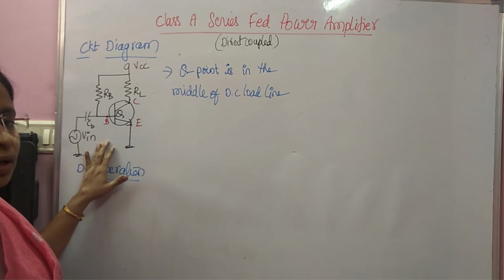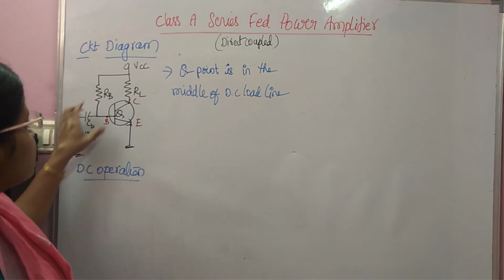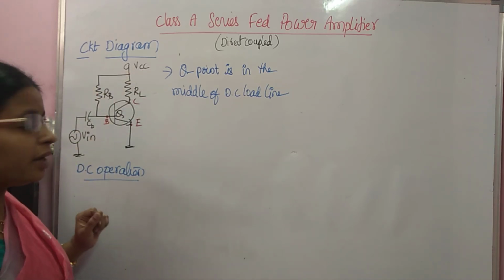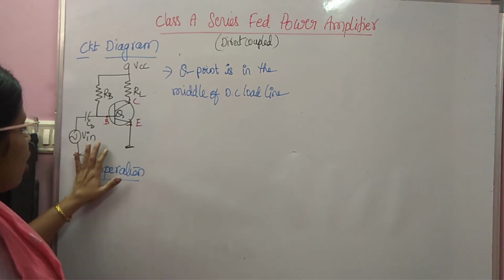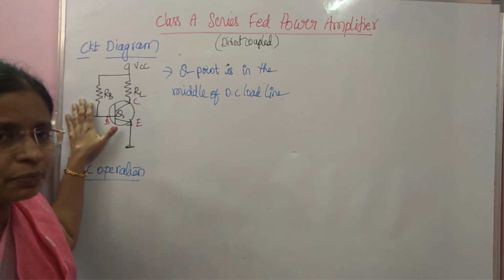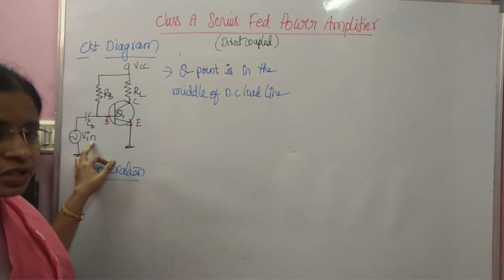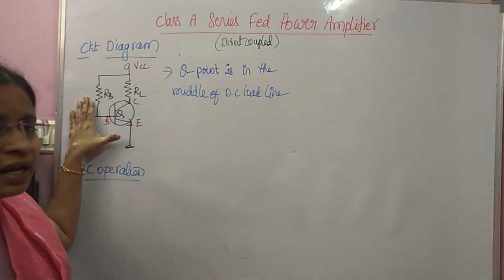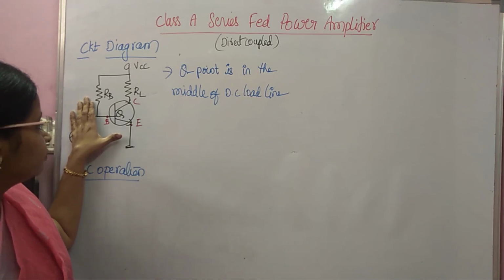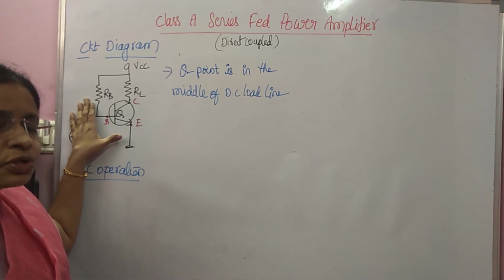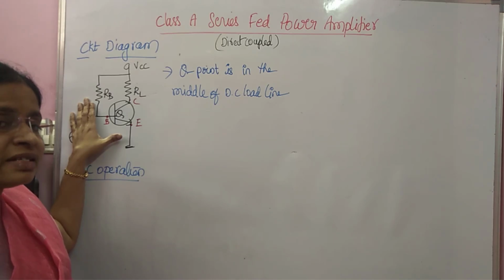See the circuit. The circuit consists of AC signal as well as DC signal. In the DC operation, you have to assume that you are not giving any AC input signal. If you make it equal to 0, then your circuit consists of only the DC supply VCC. Now all the values of the currents and voltages become DC values.